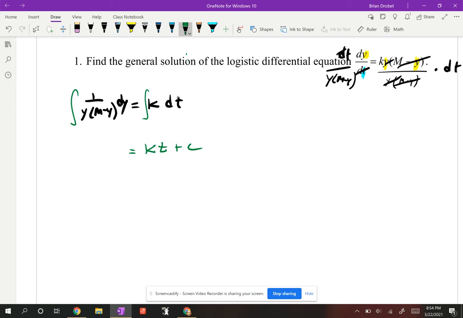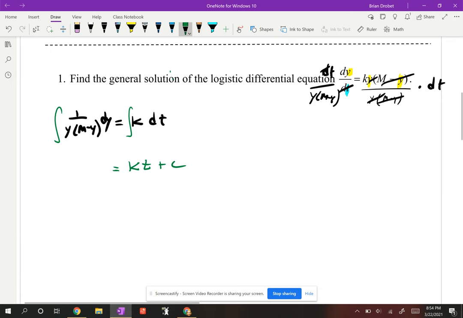So I'm going to have 1 over y times m minus y equal to some constant a over y plus some constant b over m minus y. And then I'm going to work out the a and b.